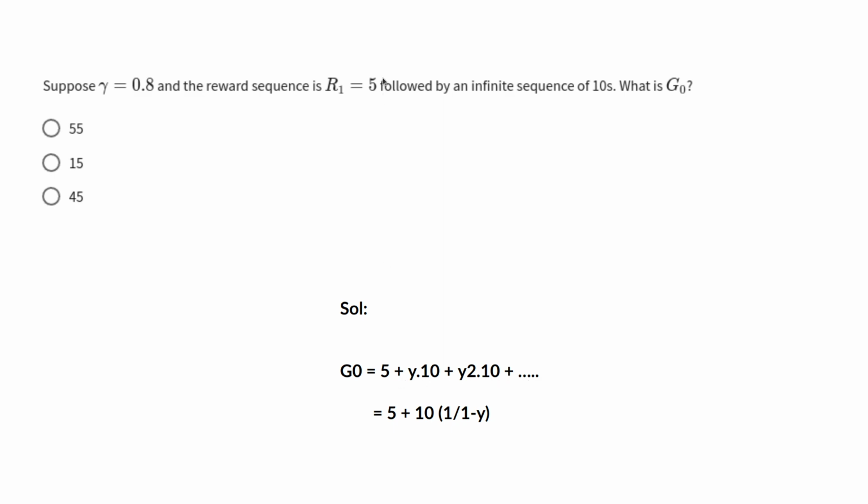So initial reward is 5 plus gamma into 10, gamma square into 10, plus dot dot dot. It is a geometric progression, you take 10 common, and the sum we just decided is 1 by 1 minus gamma. So it will be 5 plus 10 into 1 by 1 minus gamma. 1 minus gamma would be 0.2. 1 by 0.2 means 10 by 2, so it will be 5. 10 into 5 is 50, plus 5, 55 would be the answer.